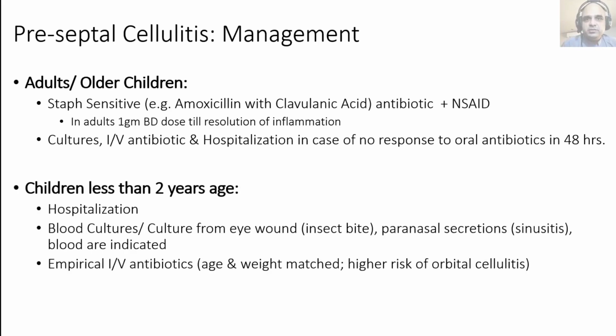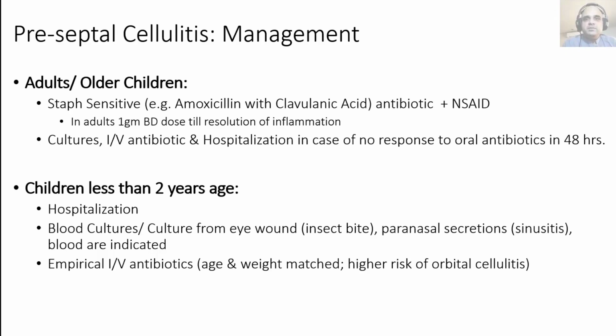In children less than 2 years of age, you always hospitalize. You take blood cultures from the potential source. If you have an eye wound, or if you have a paranasal sinus infection, you take paranasal sinus secretions as your culture medium. If you are suspecting hematogenous spread, do a blood culture. It is mostly an upper respiratory tract infection and paranasal sinus infection that becomes a pre-septal cellulitis, as we've already talked about before.